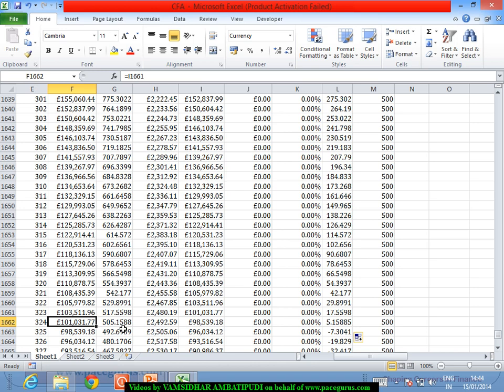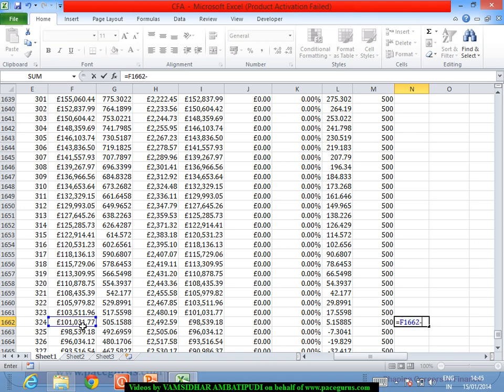Out of that, the principal repayment of $2,492 is planned to happen in that particular month. So whatever tranche X will be receiving in that particular month is going to be the remaining balance.